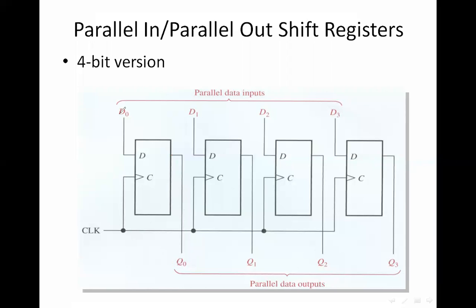Okay. So similarly, data are given in the form of D naught, D1, D2, D3. So all this data gets inside. Since it's a D flip-flop, you know that if a 0 is given, then 0 comes out as the output. If 1 is given, then 1 comes out as the output. If this is my X and Y. Okay. So any data that I give, the same data comes out as Q0, Q1, Q2, Q3. Clocks are the only thing that is connected together.